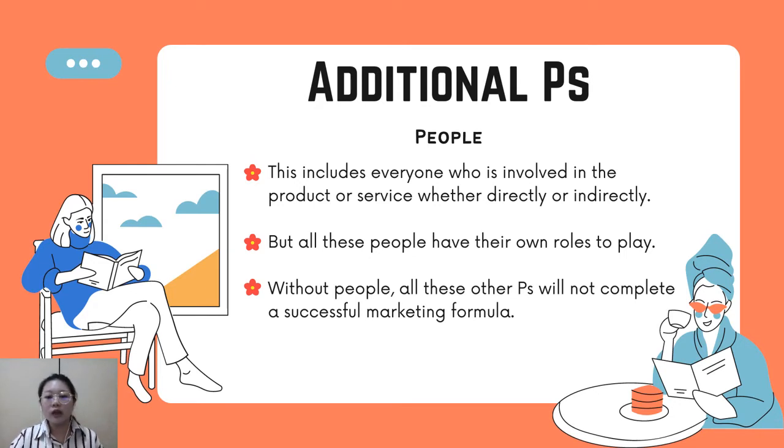Modern marketing theories place people as the fifth P in the marketing mix, joining the other four P's, namely product, promotion, price, and place. Without people, all of these other P's will not complete a successful marketing formula.